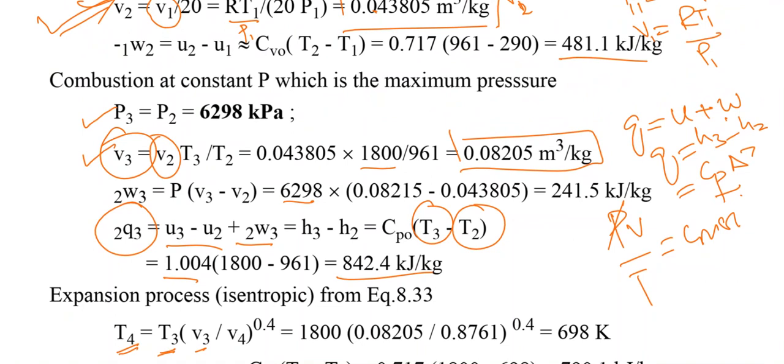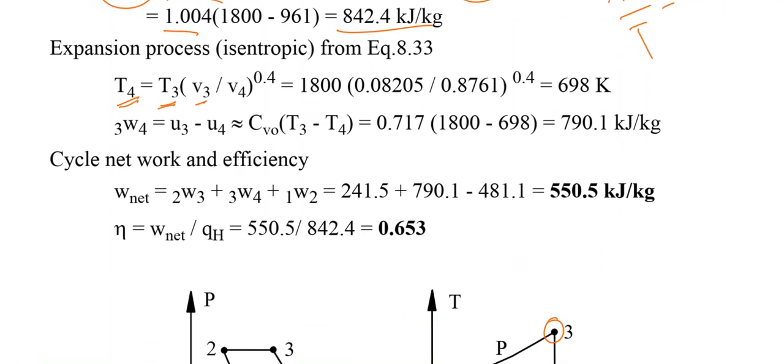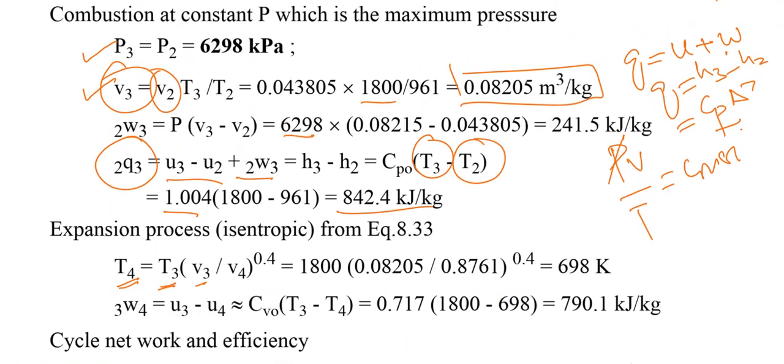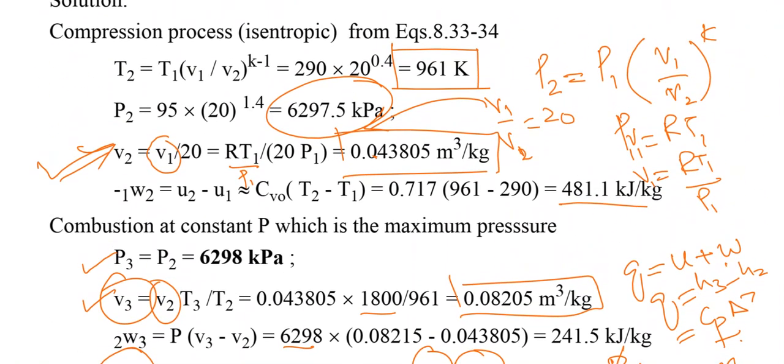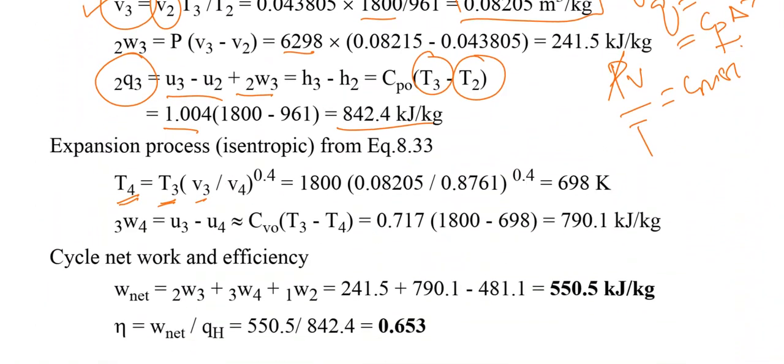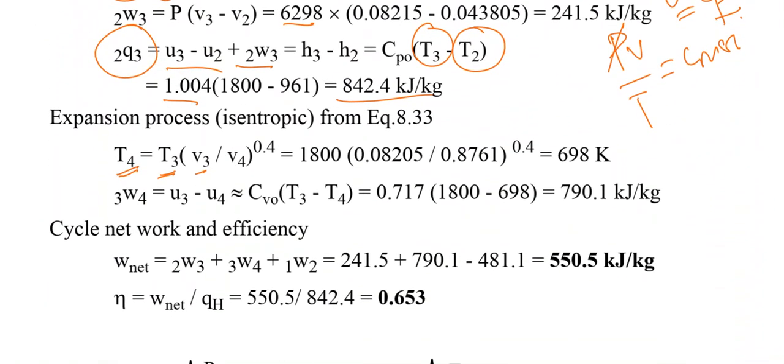We have already got the volume V4, which was initially given as 0.5 liter. I just convert it into cubic meter, or even we have already got the volume V1 somewhere, so you can just equate it with the volume V4 as V1 is equal to V4. Then just putting the value, you can find the temperature, which is equal to 698 Kelvin.